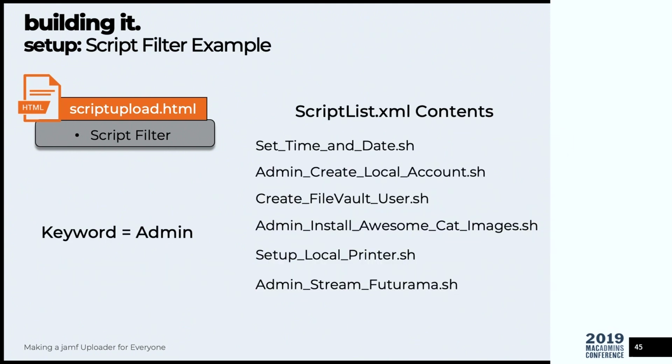What does that look like? All right, well, we already have the keyword admin. I've already commented it out. I have the script list.xml already populated, but it didn't filter. Well, it's because this filter is built into the script upload.html page.